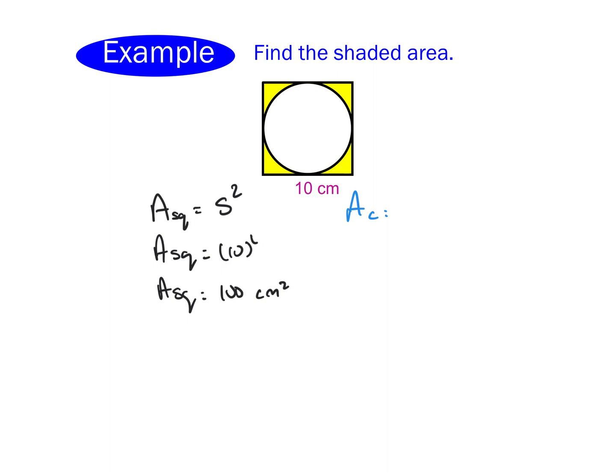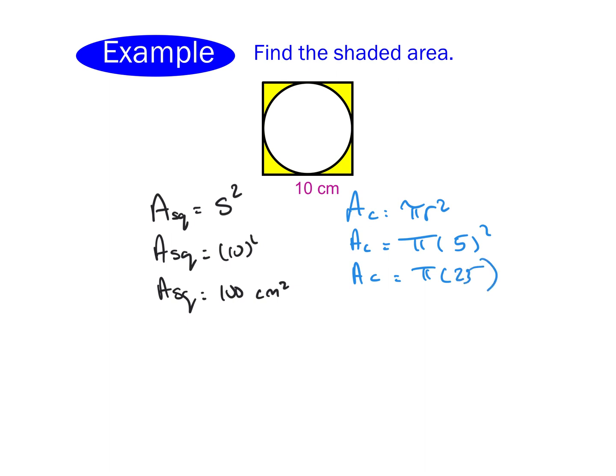Now, the square has a big circle cut out of it. And the formula for area of a circle is pi r squared. The radius here is what? Five. So it's going to be pi times 5 squared. 5 squared is what? 25, right?